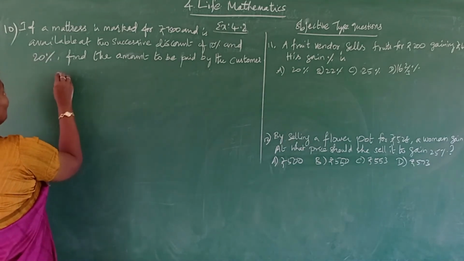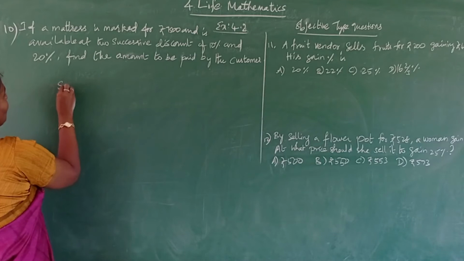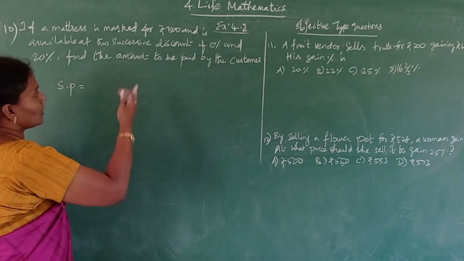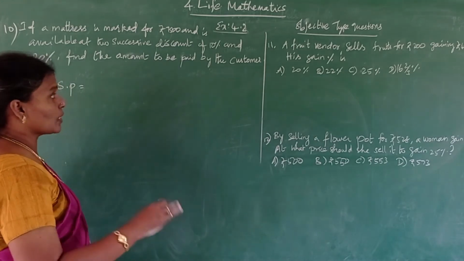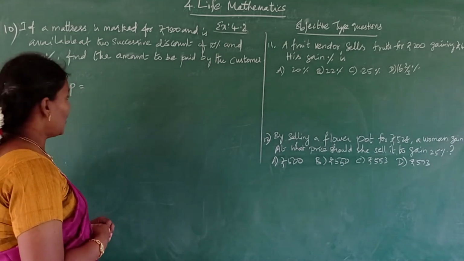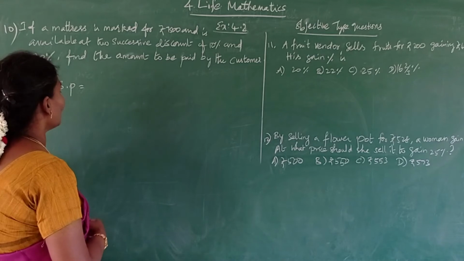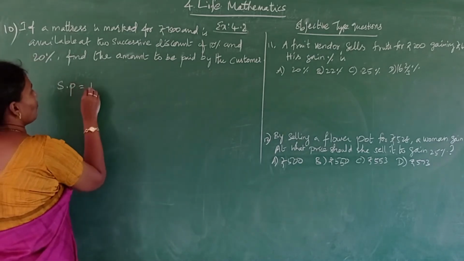Okay, so here, what is the formula for selling price? If two successive discounts are given on the price, find out the selling price. So how do you find this? What is the formula?